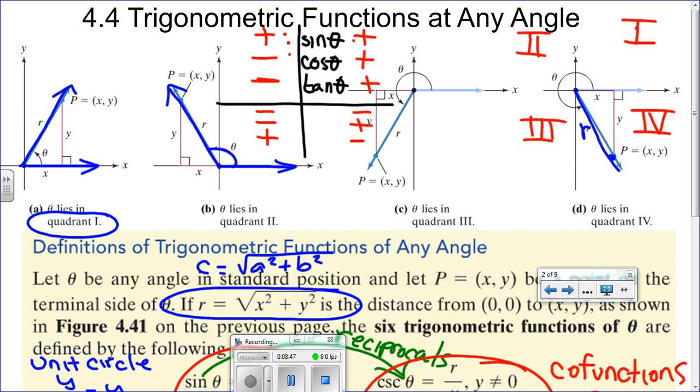Third angle, initial side positive x, terminal side quadrant 3. And the last one, initial side positive x, terminal side quadrant 4. Depending on where the terminal side is, that determines whether your trigonometric functions will be positive or negative. That's what we care about, the terminal side.